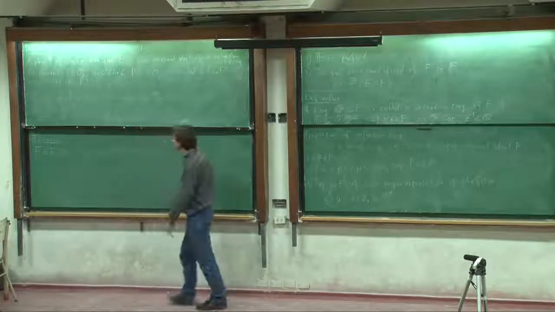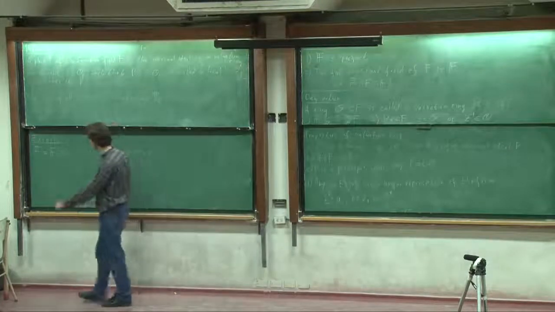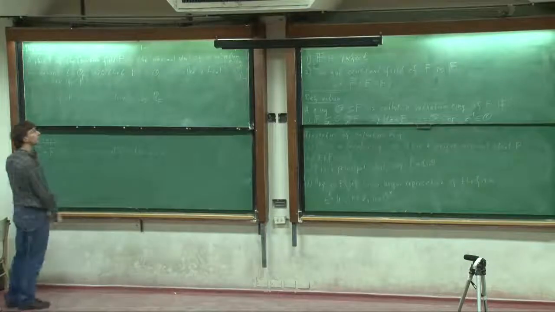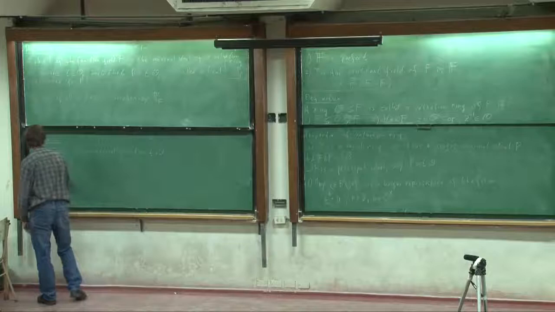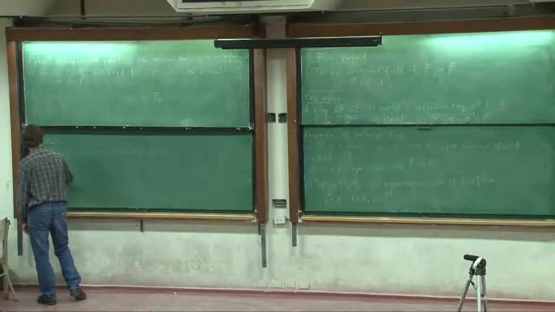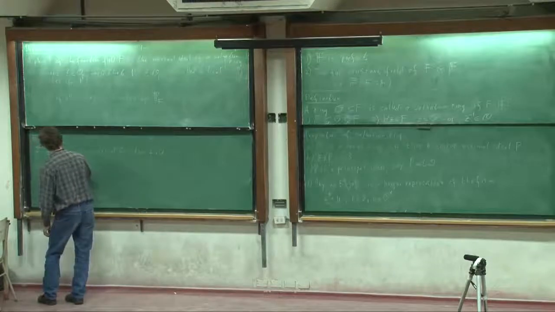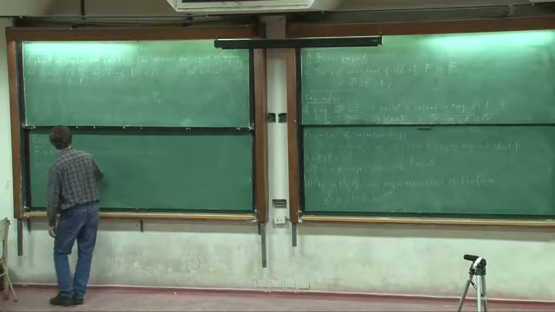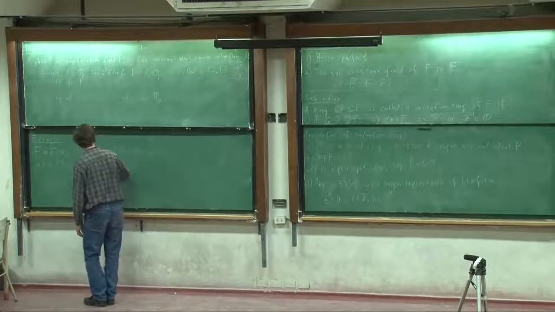So let us see if we can describe some places here, as well as some local rings OP. So maybe it's easier to start with that. So what I will do is I will pick an irreducible polynomial.